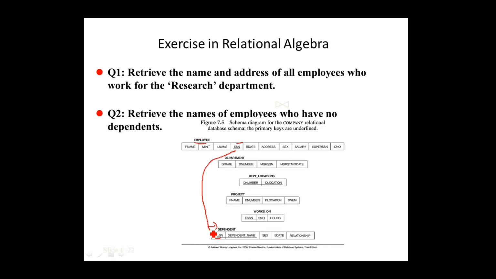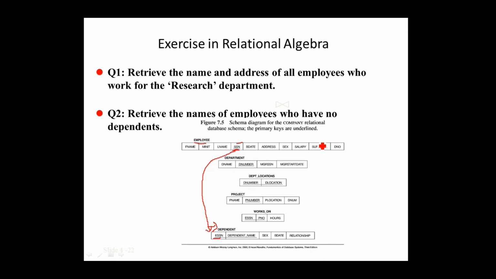This is a foreign key in the dependent table. So we track the dependents of an employee, right? Now the question is, find all the employees who do not have a dependent. Only those employees who are not having a dependent should be displayed, and we should also display their entire details.